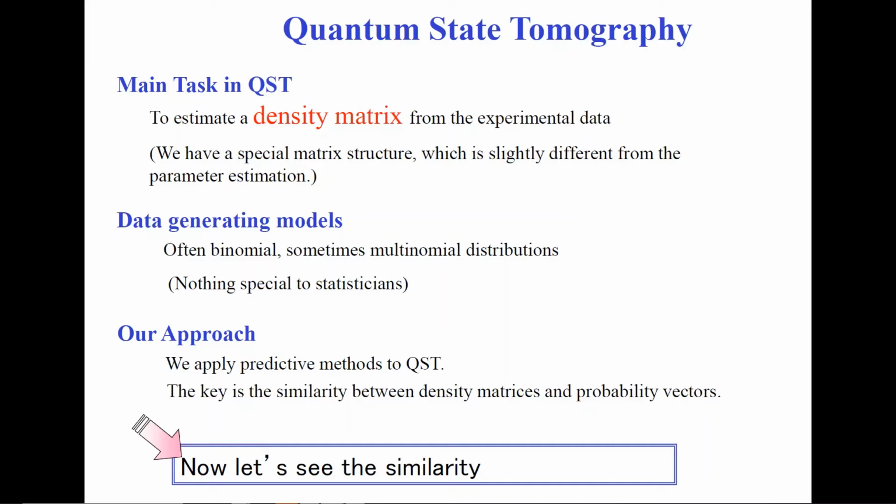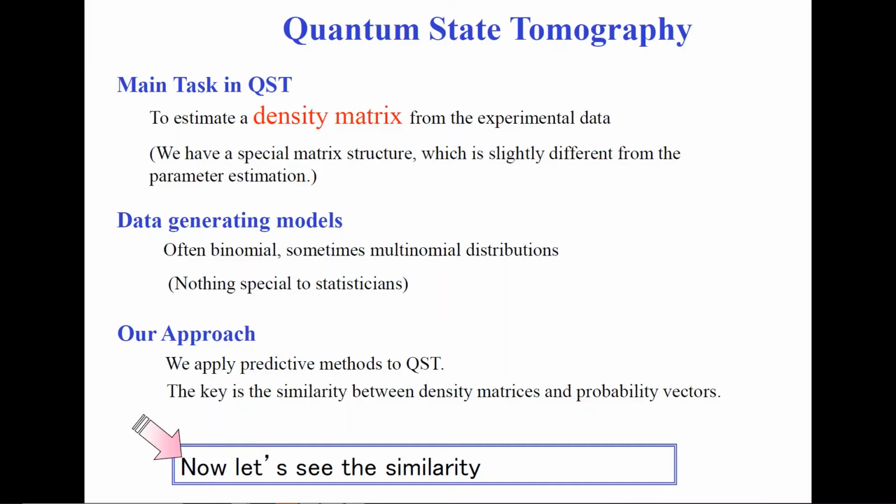Of course, we avoid the complete description of quantum measurements, a calculation rule, but anyway, data generating models are given. And data generating models are often binomial or sometimes multinomial distributions. But such distributions are nothing special or nothing new to statisticians.